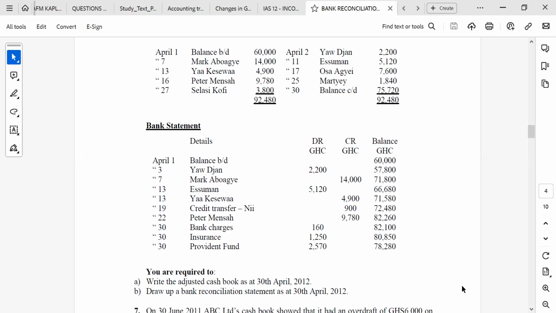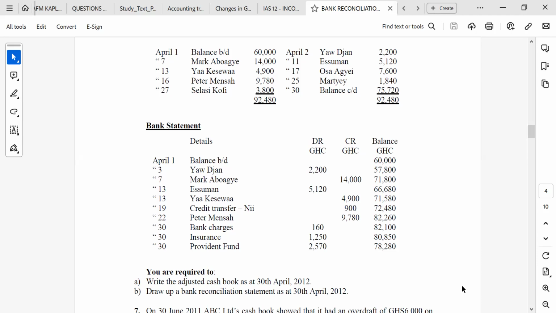They can ask you the reasons for carrying out bank reconciliation. The first one is to detect fraud. It might be that the difference means the accountant has chopped the money. Another one is to determine liquidity. We want to know whether we have cash.